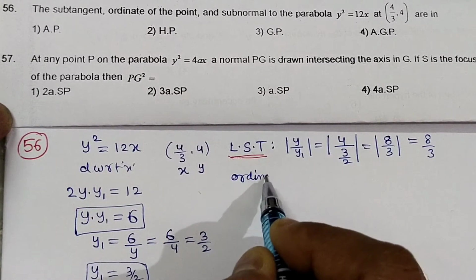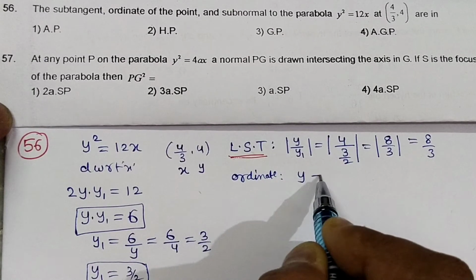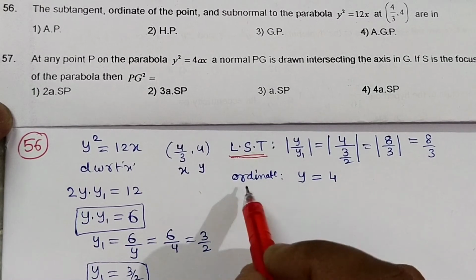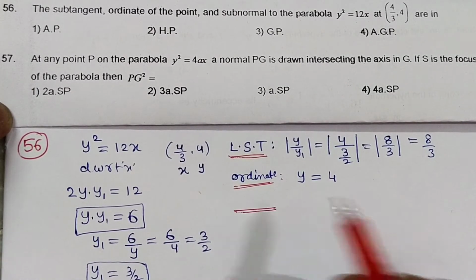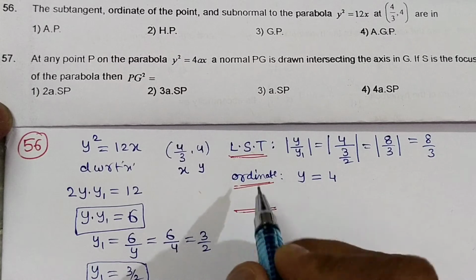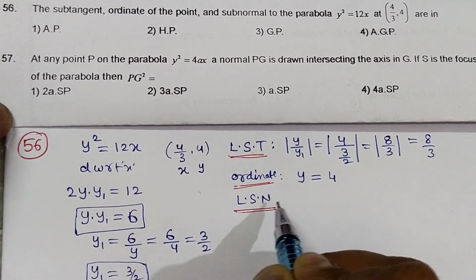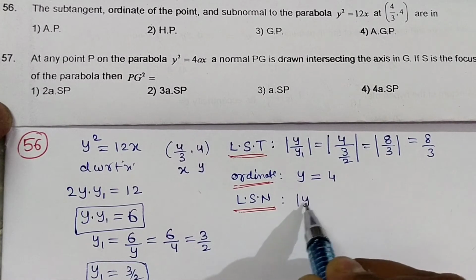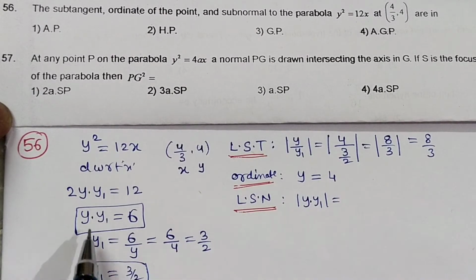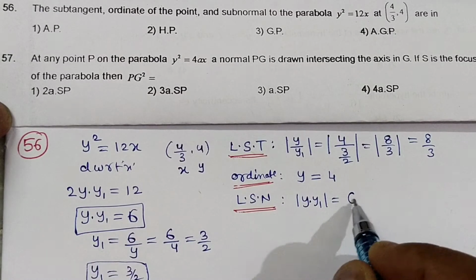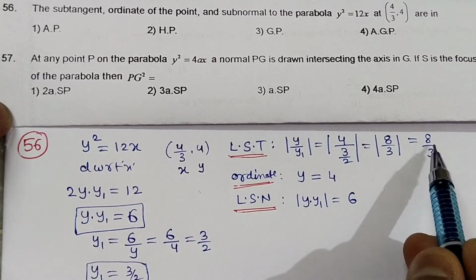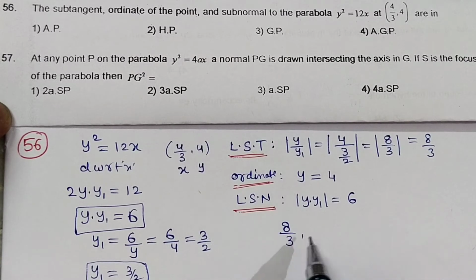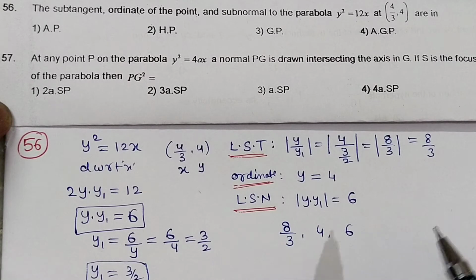Ordinate of a point means y coordinate. What is y here? Y is equal to 4. Next, subnormal. Length of subnormal formula is mod y into y1. Y into y1 we already got, here 6. Now we will find the relation between 8 by 3, 4 and 6.